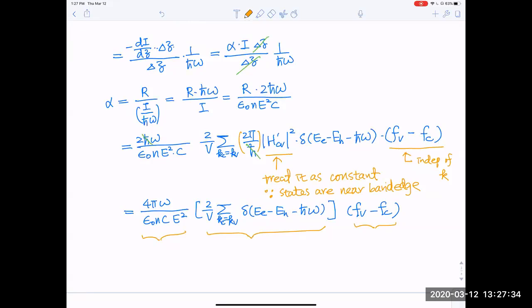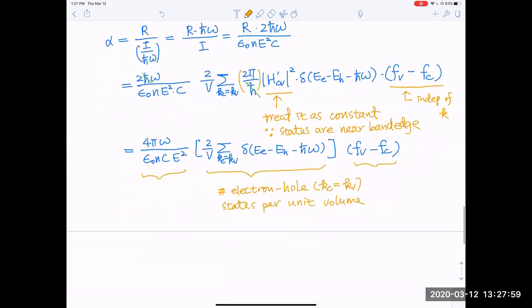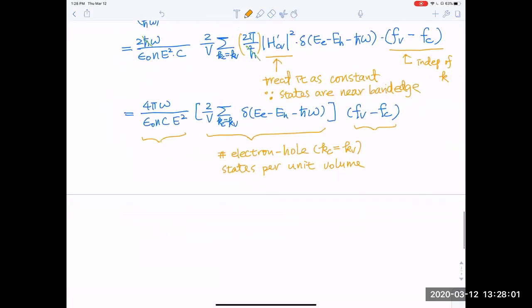So this is the number of electron, not just electron, but electron-hole pair states under the condition of Kc equal to Kv, per unit volume, okay? We have estimated this problem before.